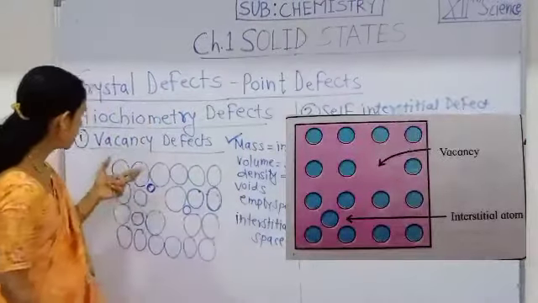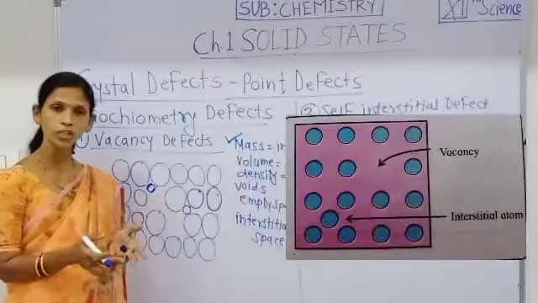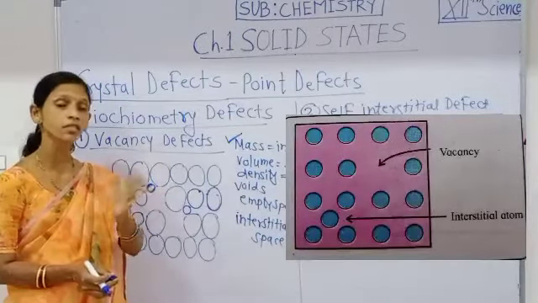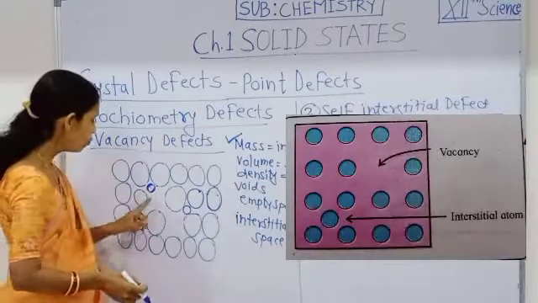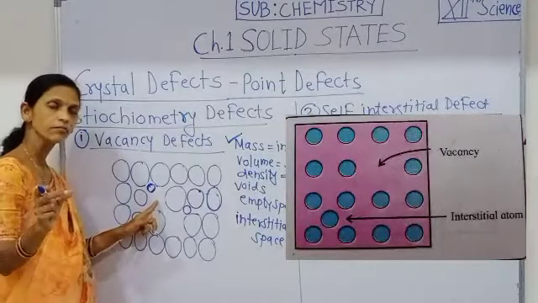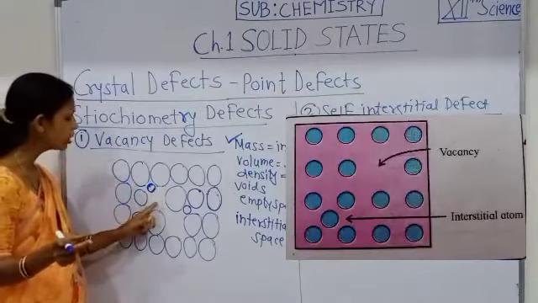Then, see here, this type of defect is a combination of vacancy defect as well as interstitial defect, because vacancy defect is created when atoms or particles are shifted from their regular site.